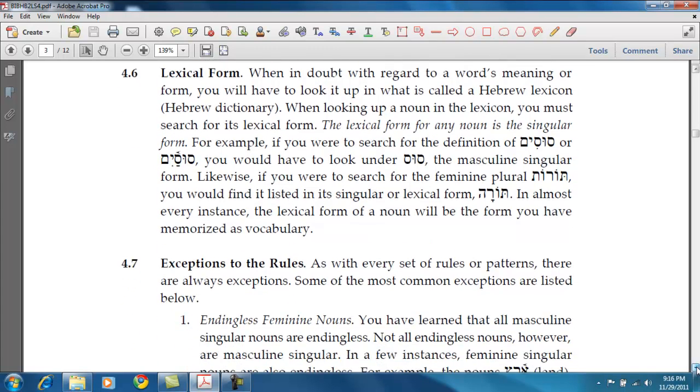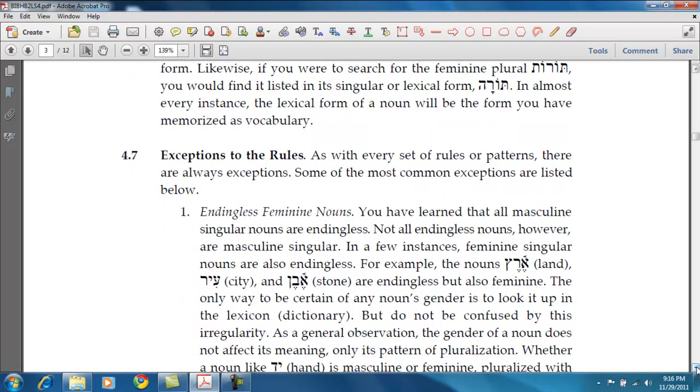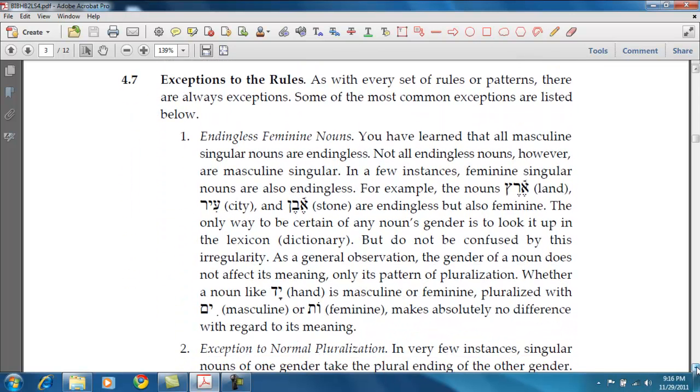All right. Now, I alluded to this just a few minutes ago: there are some exceptions to these rules. There are endingless feminine nouns too, just like there are endingless masculine nouns. There are some examples here. For example, some feminine singular nouns are endingless.